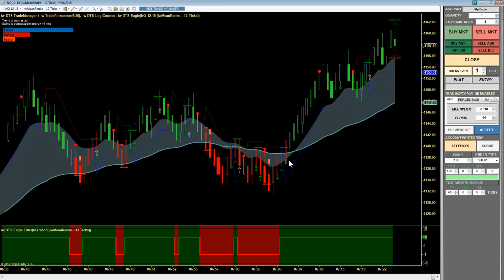The band spoiled this red bar buy signal, which is a pretty strong buy signal on the Eagle. We did come back with a trend change signal, but not until right here. So we'd currently be working that trend change signal.